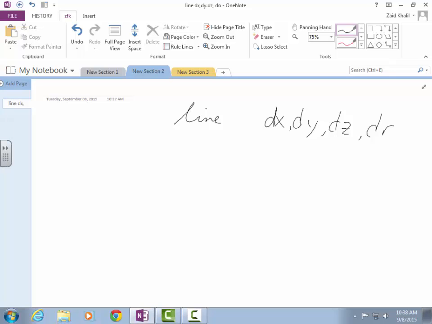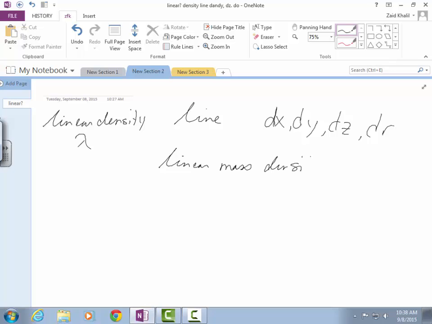In general, if you have something continuous along a line, it has something called a linear density, usually denoted by lambda. If it's linear mass density, what is the relationship between lambda, m, and any one of those parameters, say dx?